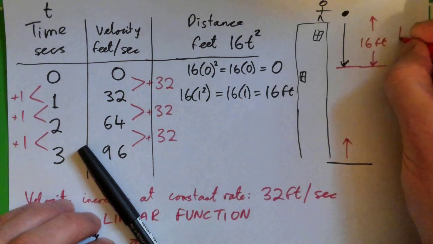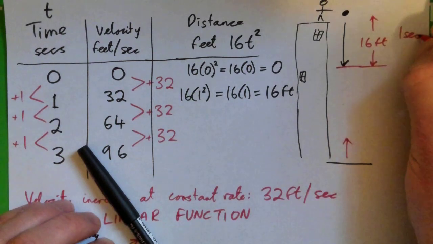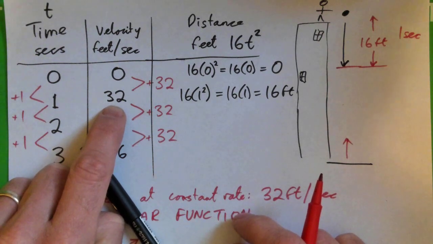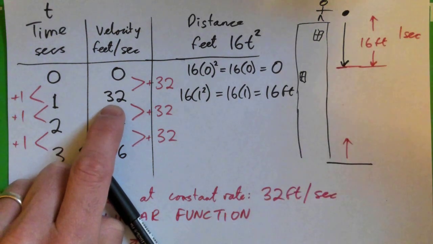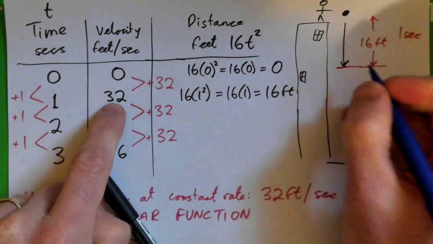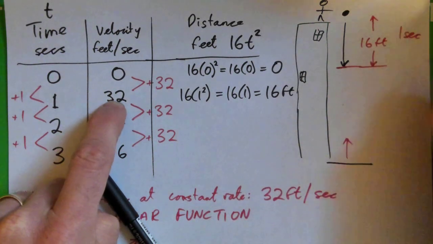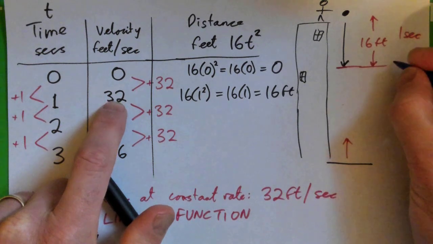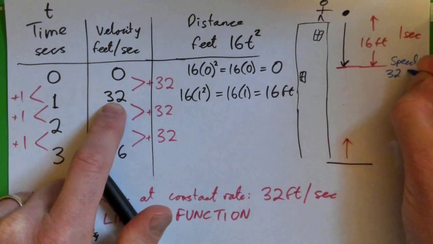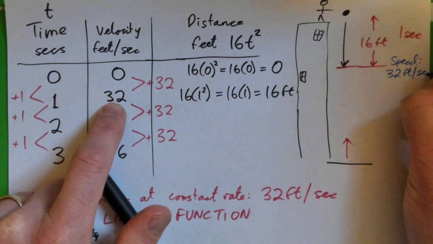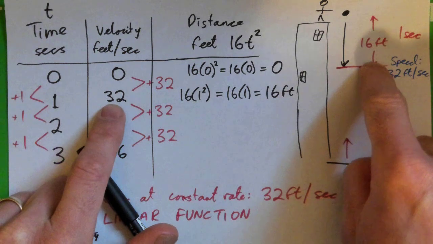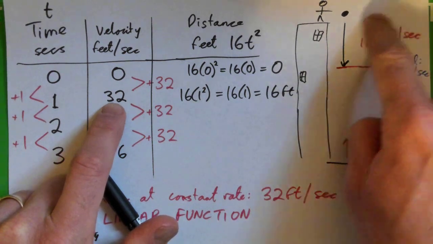You with me? Now, you may ask, well, what's this 32 business that we calculated earlier? That is the speed that the rock is traveling at the end of 1 second. At the end of 1 second, the rock is traveling at a speed of 32 feet per second. But it has gone a total distance of 16 feet from when you dropped it.